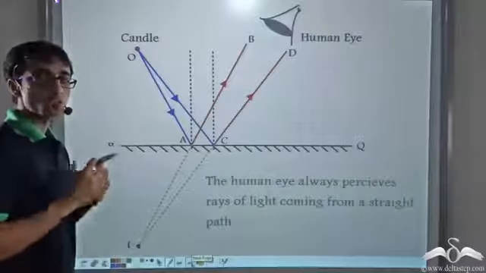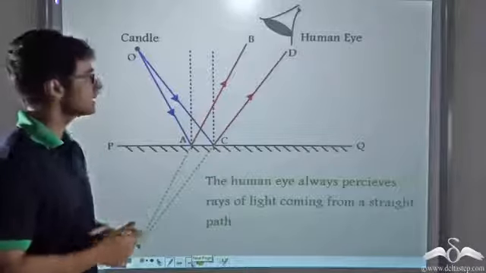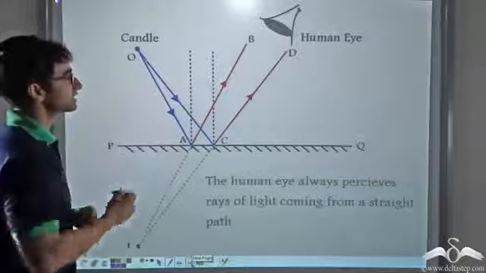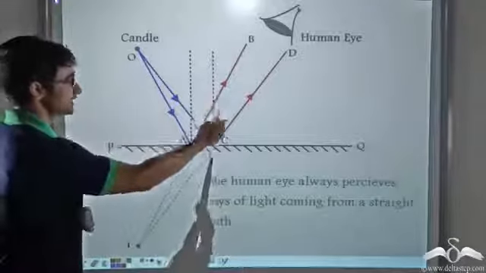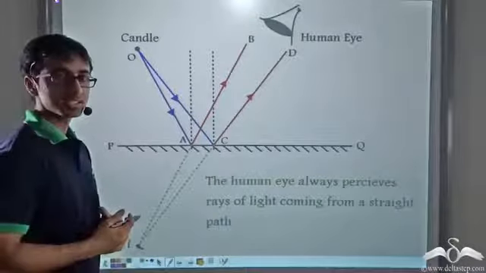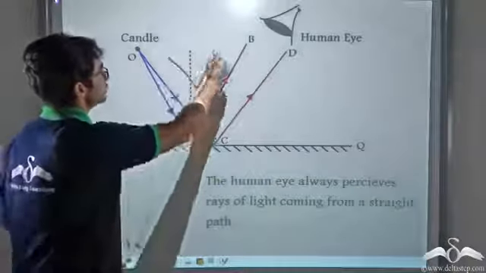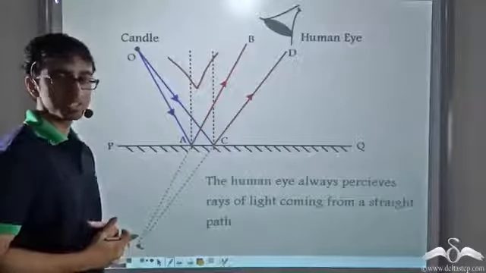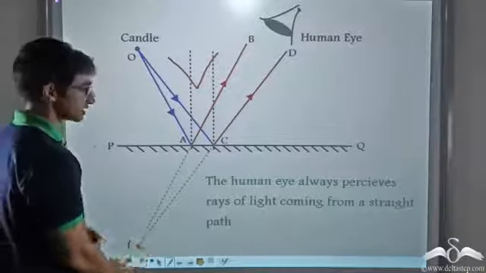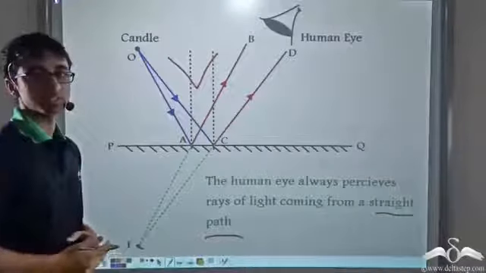The human eye always perceives the image to be coming from a straight line. That is, the human eye perceives that the image is at this point. Because, like I mentioned, the human eye cannot perceive this V path. It always perceives that the image is coming in a straight line path.